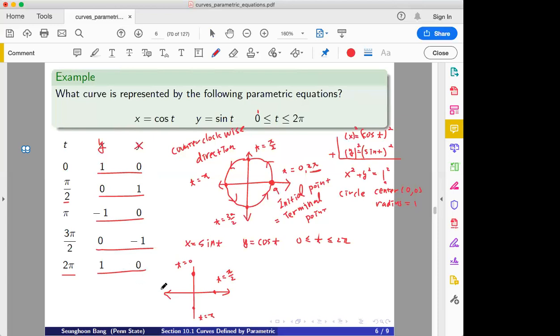At 2 pi, we get 0, 1 again. So the shape is again a circle, because x equals sine of t and y equals cosine of t. Square both sides.